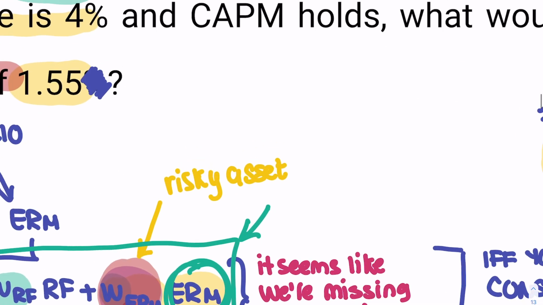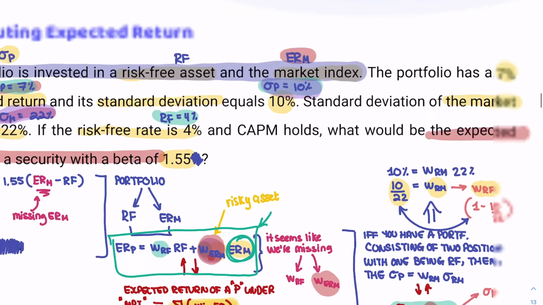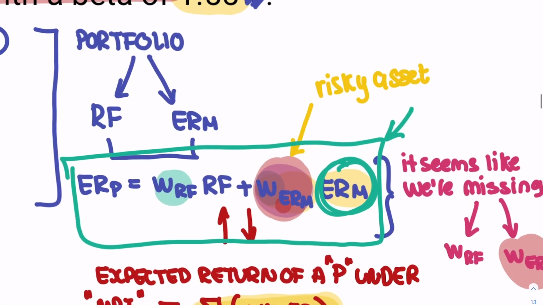So with that, we're able to calculate that the return of our portfolio, in this case, is equal to 7%.